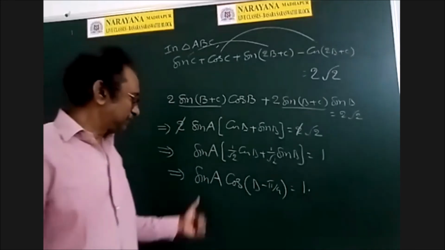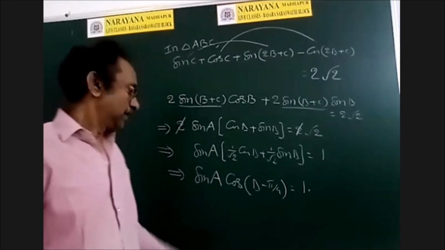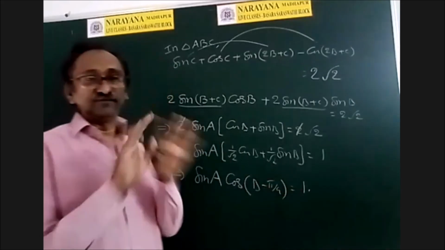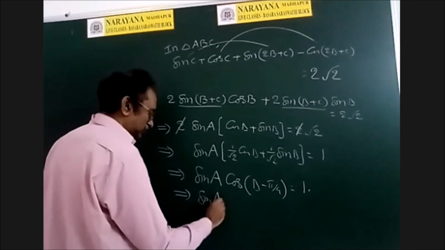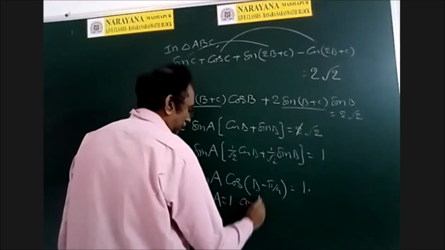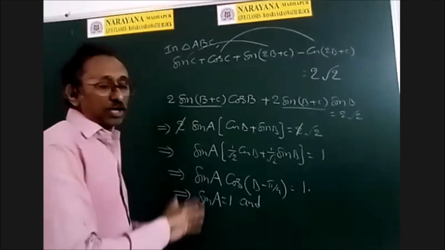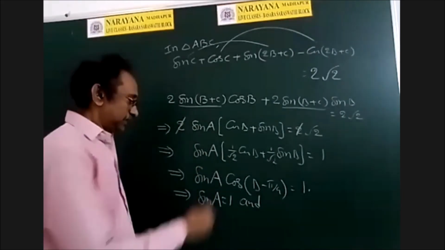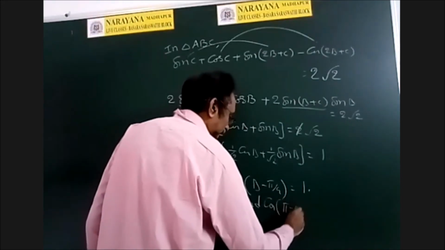And now observe, suddenly you got two trigonometric functions, sin and cos, and their product is 1. So what is the maximum value of sin? 1. What is the maximum value of cos? 1. So if the product is 1 means definitely they can be 1 and 1 only. So sin A must be 1, and cos must be 1.